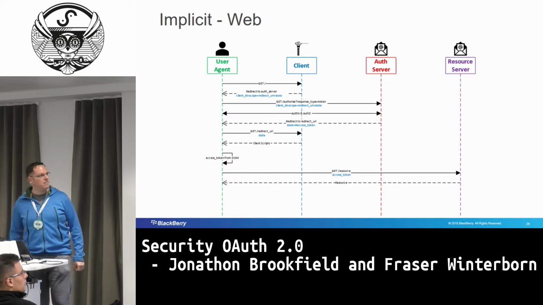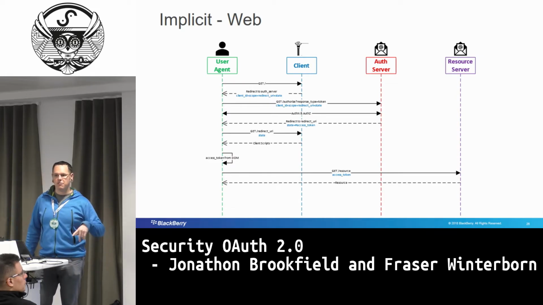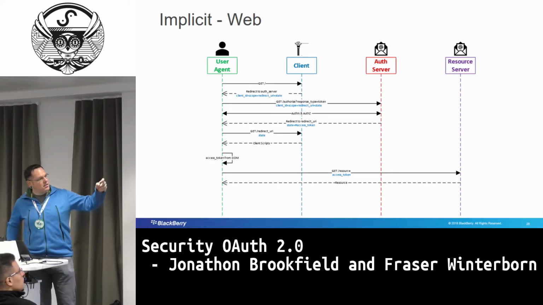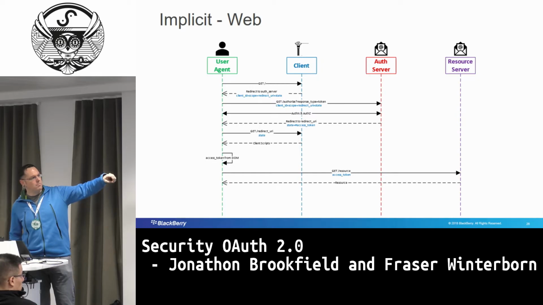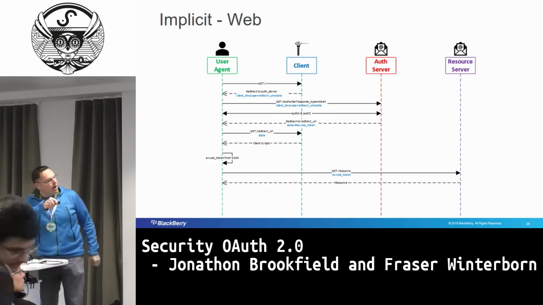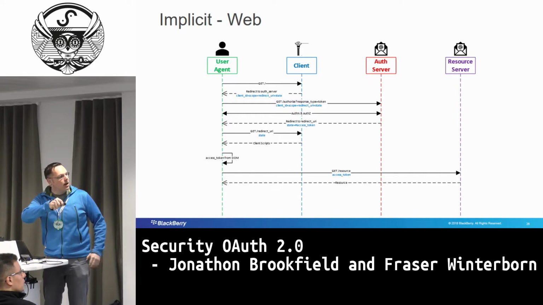On the implicit flow, this is the one that's different from what Fraser demonstrated earlier. Everything is the same up to and including the authorization point here.